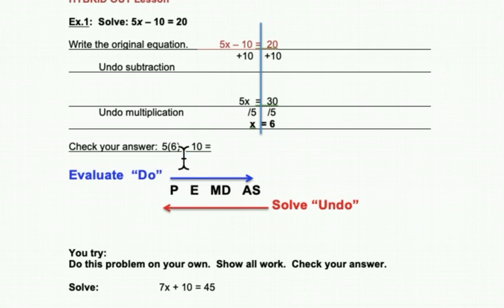So do the multiplication first to get 30. And then we take away 10. And that does give us 20. I'd like to put a check mark here, but it's a document. But this does check out. It does give us 20 when we substitute 6 in for x.